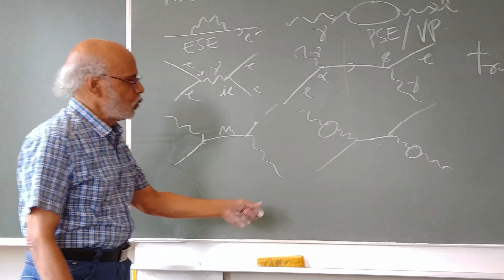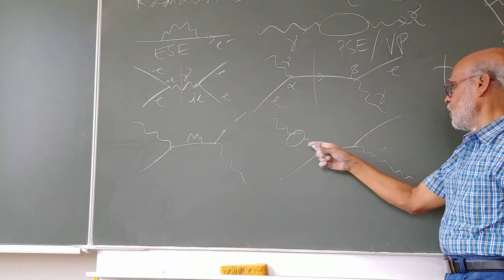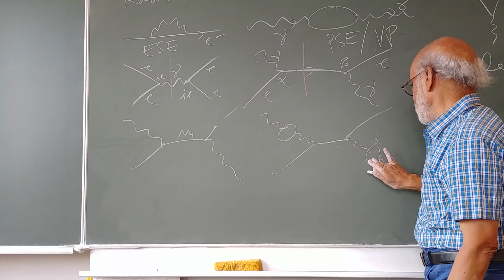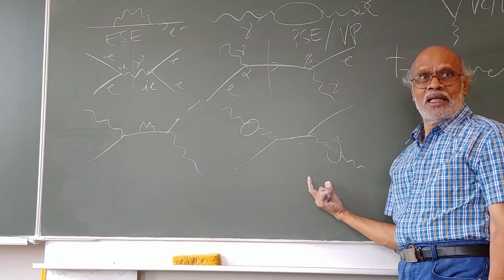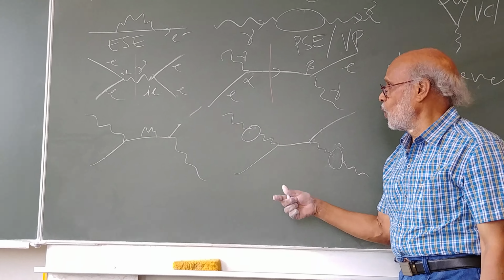So you can do one at a time, here or here, or you can do both, no problem. But then this would be a higher order diagram. So if you do it once, this is e to the power 4, iota e, and iota e.